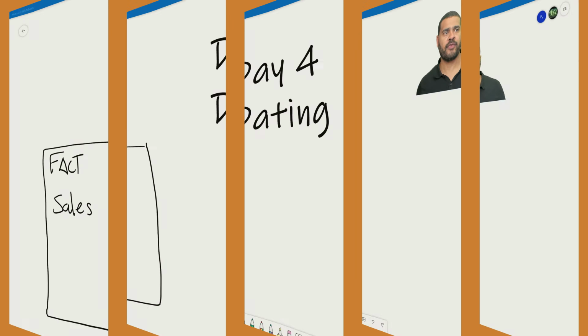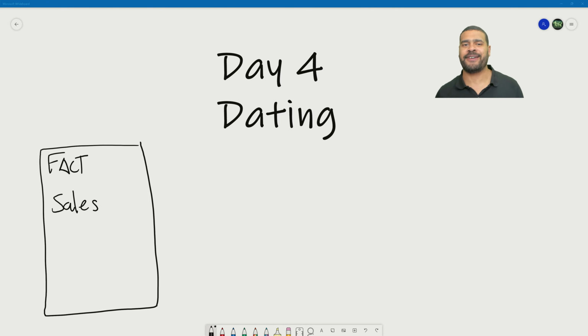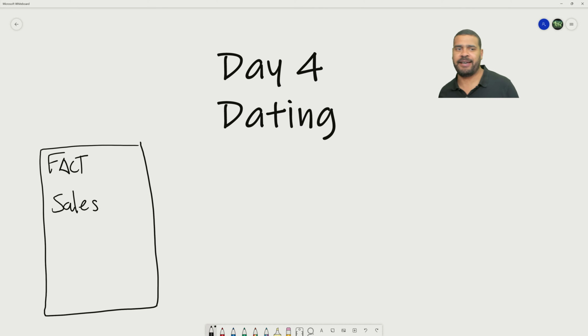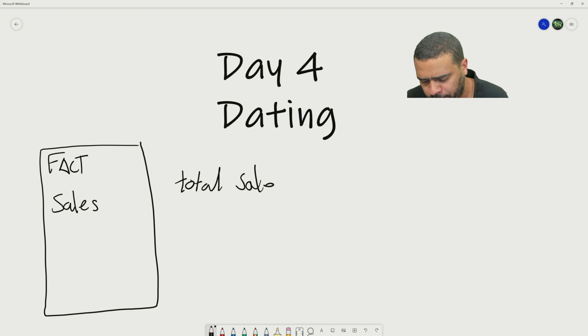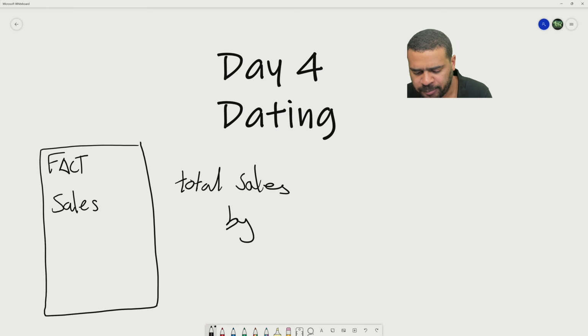Alright, so here we are. This is typical. We've got a big fat table full of all our sales, and we're making lots of money. One of the things we want to know is total sales. What's my total sales by day?